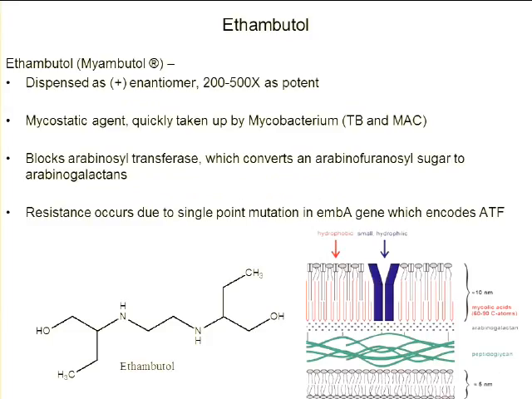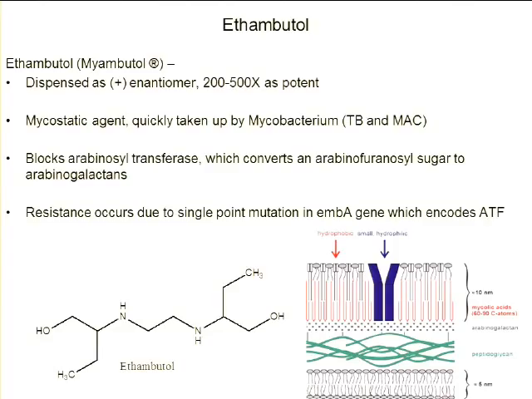If you recall, the importance of the arabinogalactans is that they are the outside of the peptidoglycan layer, and they serve as the matrix that holds the mycolic acids to the peptidoglycans. Okay? So these arabinogalactans serve as this matrix that holds the mycolic acids in place. And so ethambutol blocks the mycobacterial enzyme that synthesizes those arabinogalactans.